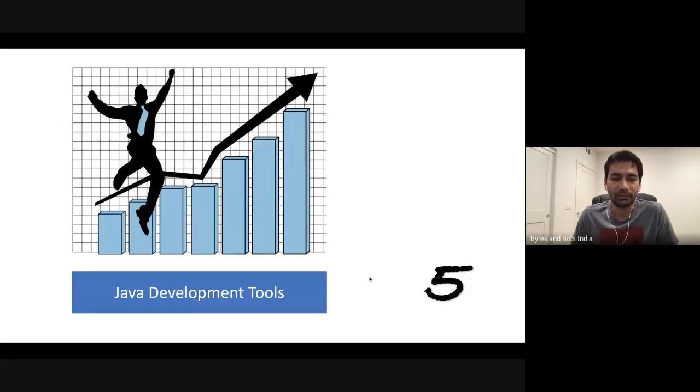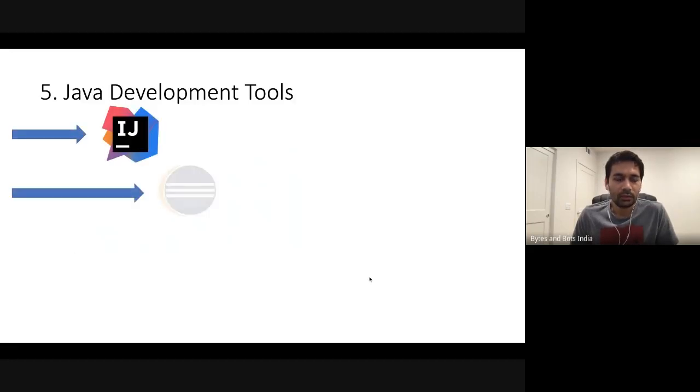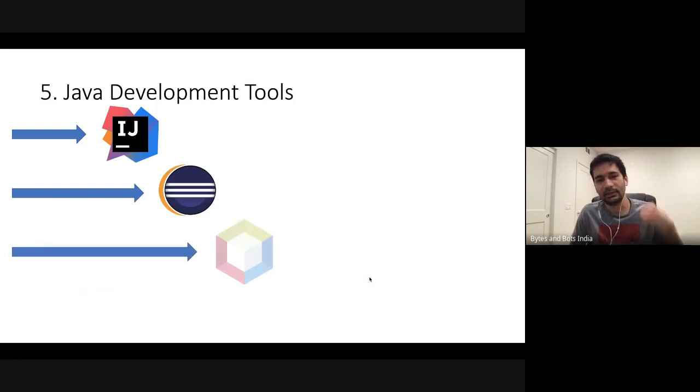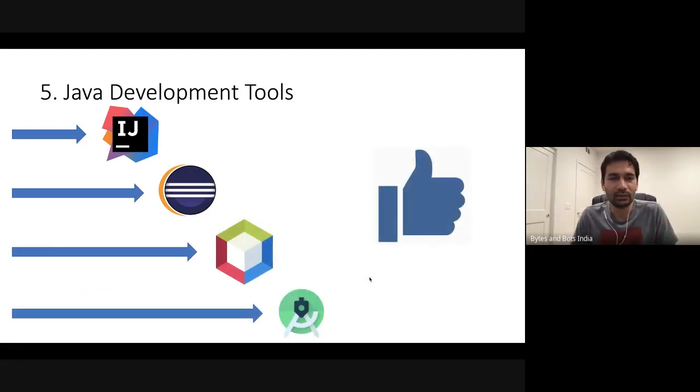Point number 5, Java development tools. Java has a lot of tools available online that you can download free of cost. These are called IDEs, integrated development environments, and these four are the top ones, the most popular ones used for writing Java code.